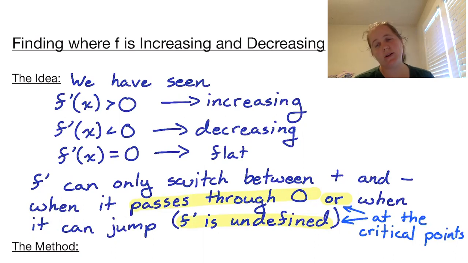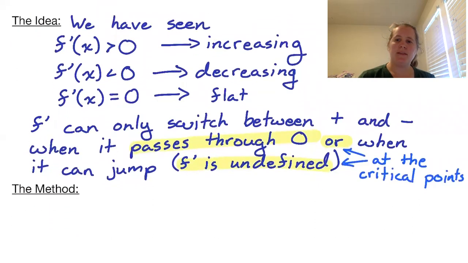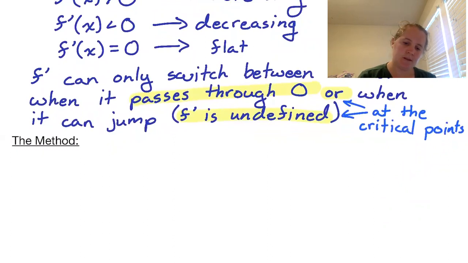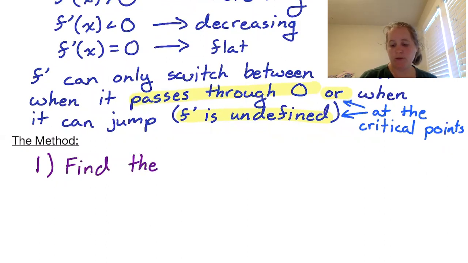We are essentially going to look for the places where it can switch, and then we can figure out from there. So our method to finding where we're increasing and decreasing, the first thing we're going to do is find all critical points, or the critical values.